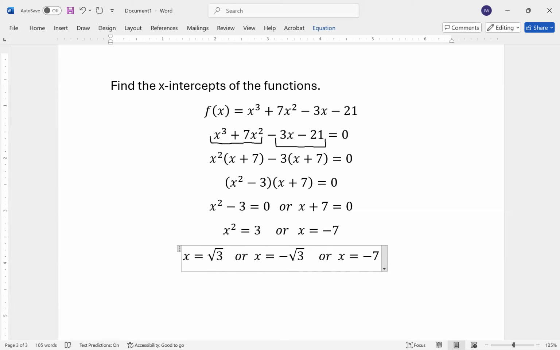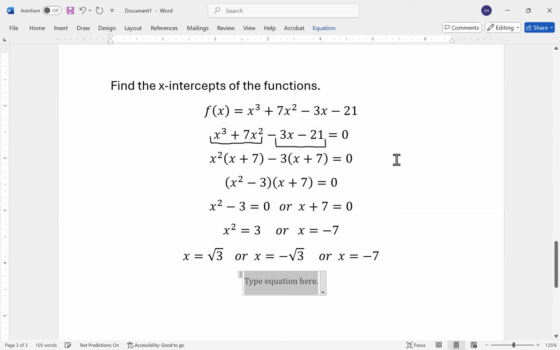So here are my 3 zeros for this polynomial function. If you were to plug in a square root of 3, you'd get a 0. If you were to plug in a negative square root of 3, you'd get a 0. And if you were to plug in a -7, you would get a 0.